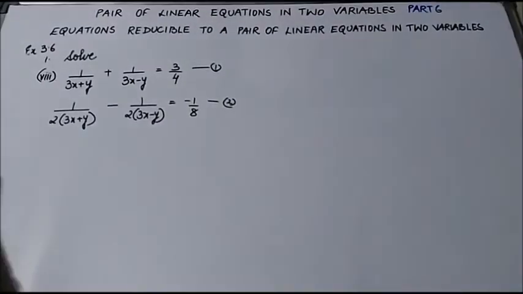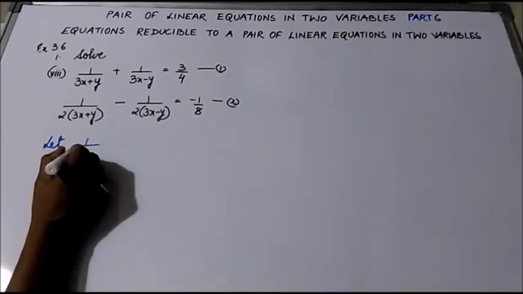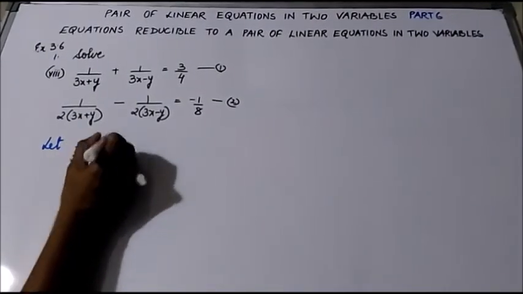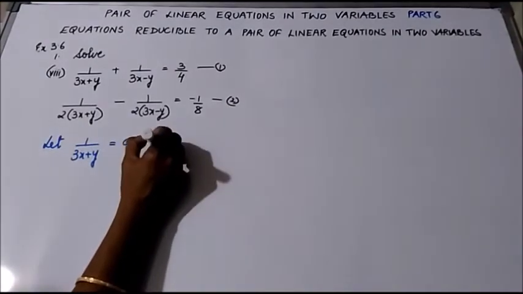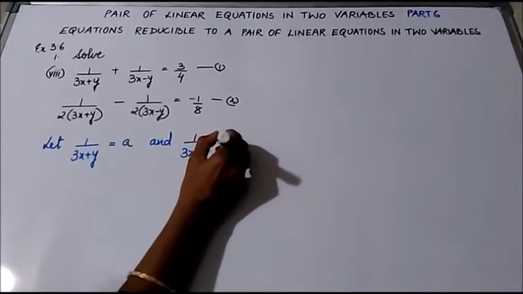Okay, now here we will be assuming let 1 by 3x plus y is equal to a and 1 by 3x minus y is equal to b.